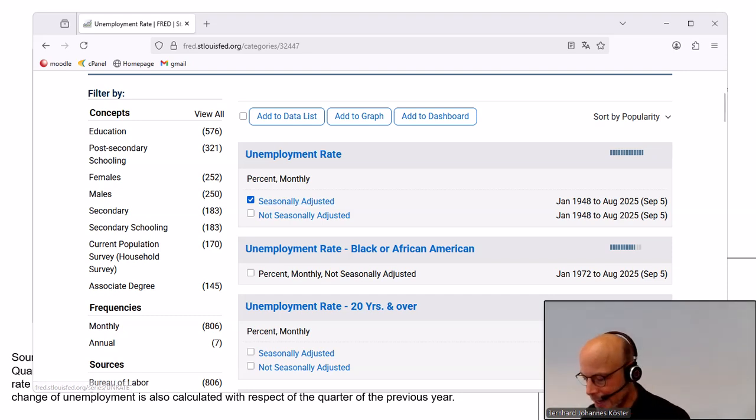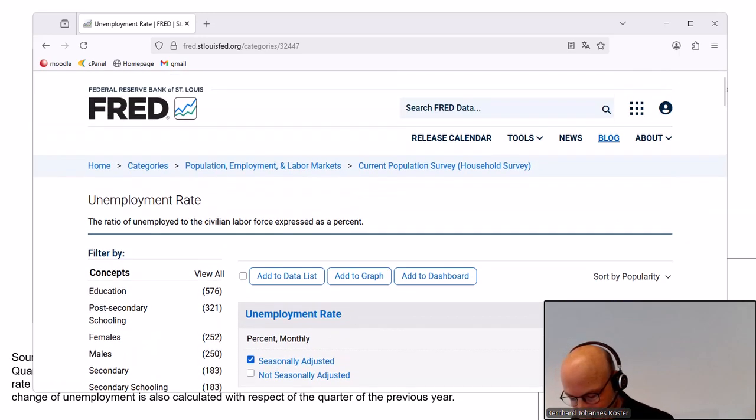And since I had this problem 10, 15 years ago also, I thought, well, somehow within Excel there should be the possibility to easily change the frequency. And then I found, to my surprise, that there is no possibility.